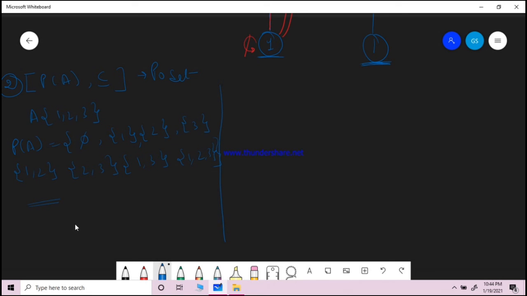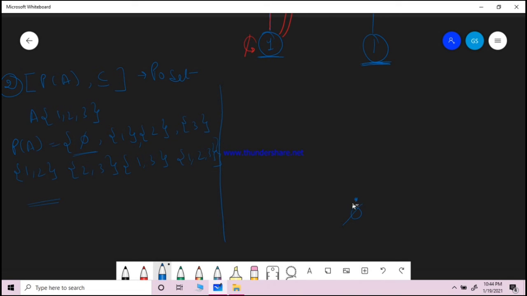Now you have to draw the diagram. Means matrix connection, what is the subset of which element. So phi will be at the lowest element, because according to the earlier matrix we have seen that phi is a subset of each and every element. So first of all I'll draw phi here.